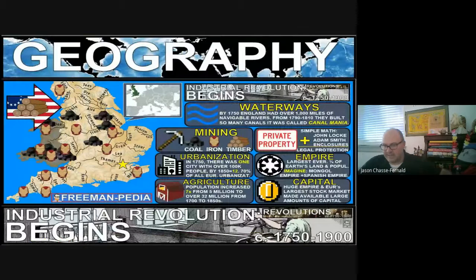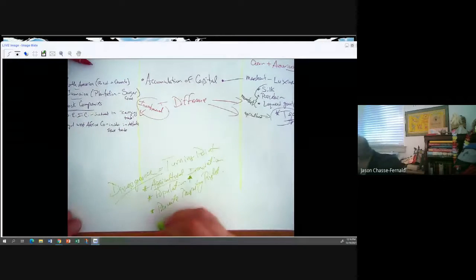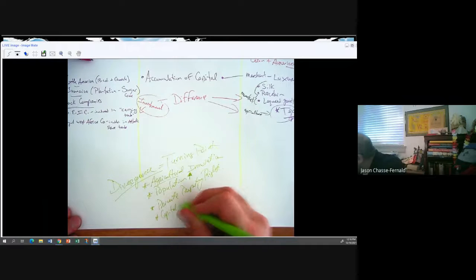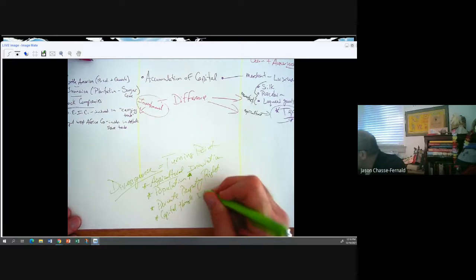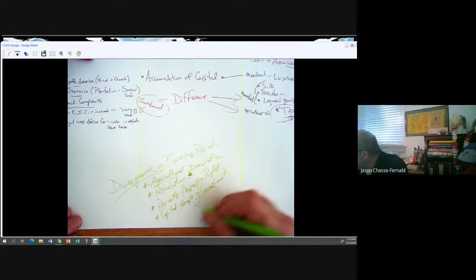And of course, capital, right? There's a large amount of capital flooding in. And when you look at this capital through investment, who is that coming to? It's coming to the merchants, right?